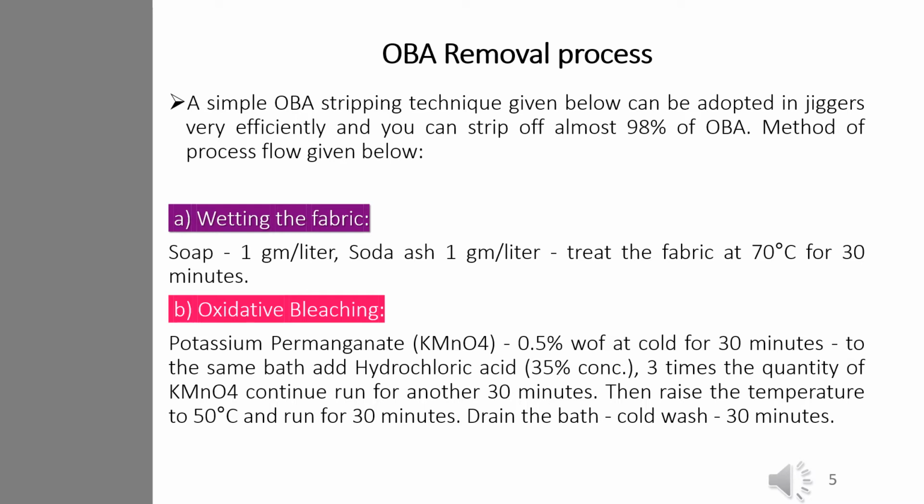Run it cold for 30 minutes, in the same bath add hydrochloric acid 35% concentration, 3 times the quantity of KMnO4, and continue to run for another 30 minutes. Then raise the temperature to 50 degrees centigrade and run for 30 minutes.